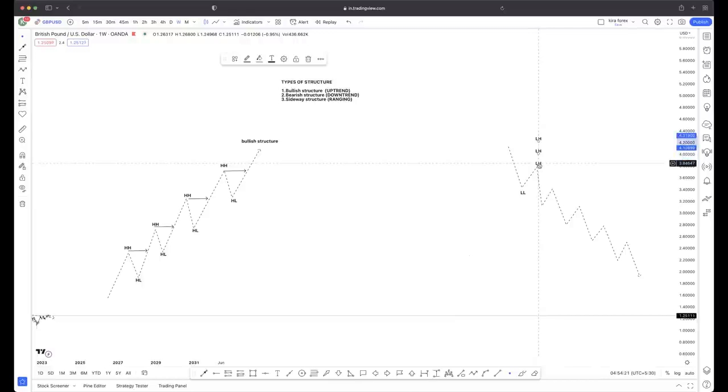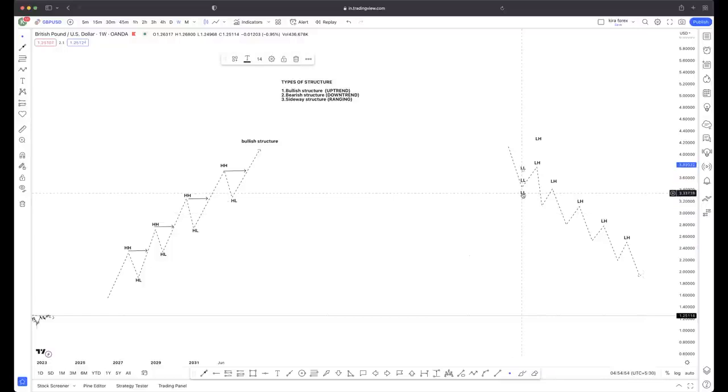In a bearish or downtrend structure, we have the formation of a series of lower highs and lower lows. We have our lower highs here, and then we will have our lower lows at the downside. This is just the opposite of the bullish structure.